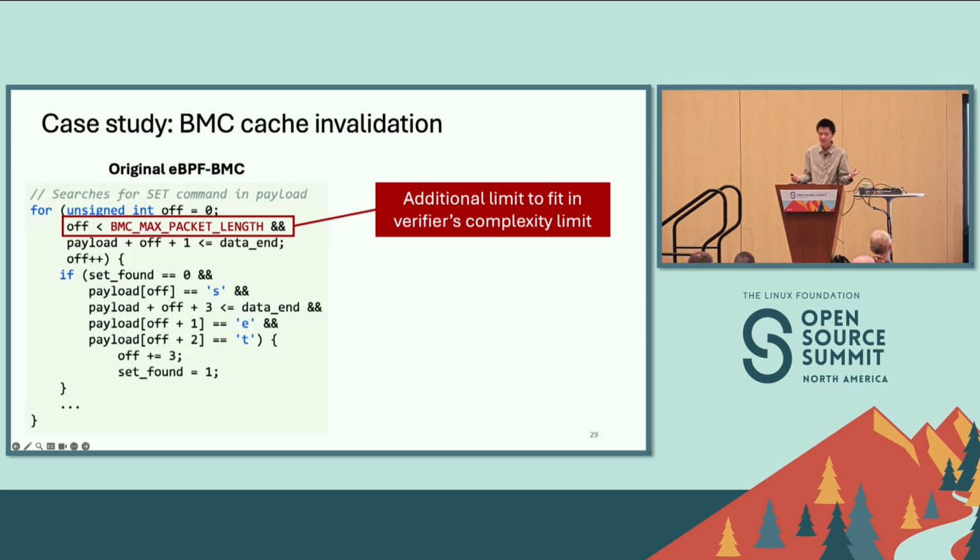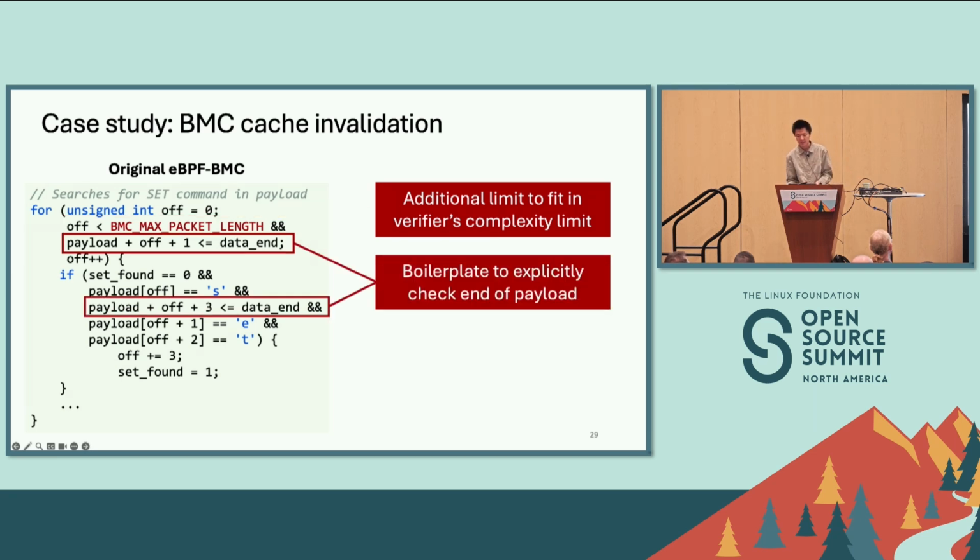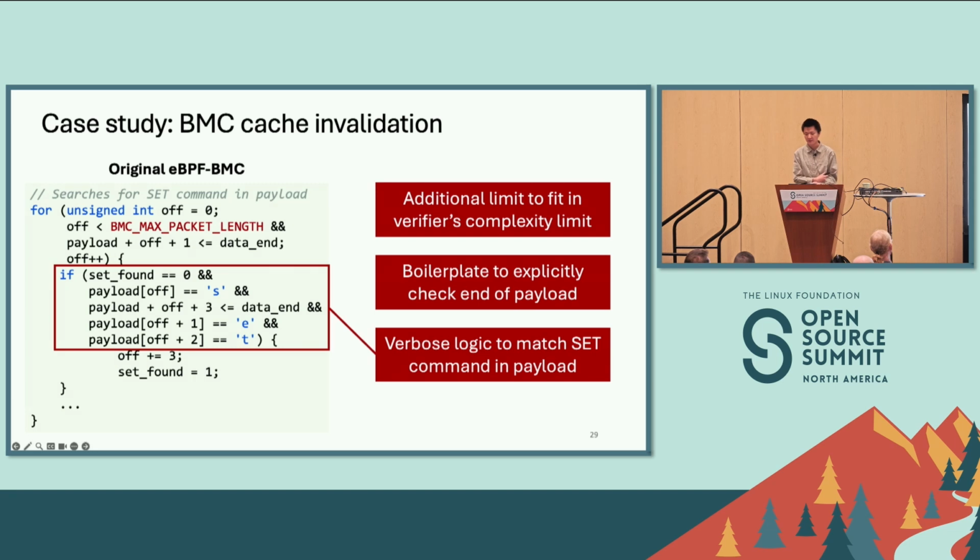First, the developers had to add an additional limit, called BMC max packet length, to limit the number of iterations of this loop to fit in the verifier's complexity limit. Because the eBPF verifier requires explicit bounds checks, you get a lot of boilerplate code to just check the end of the packet. And finally, it requires highly verbose logic to match the set commands in the payload.